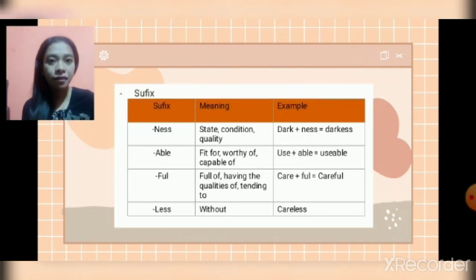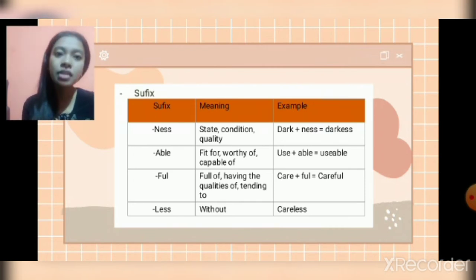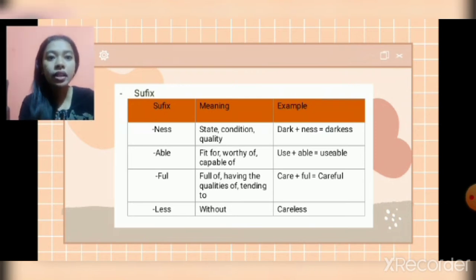And for the next, suffix, still in the context of derivational affixes, as you can see on the screen, the first example of a suffix is "-ness". "-ness" means state or condition or quality.